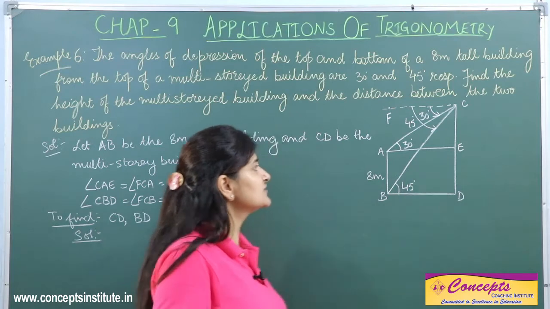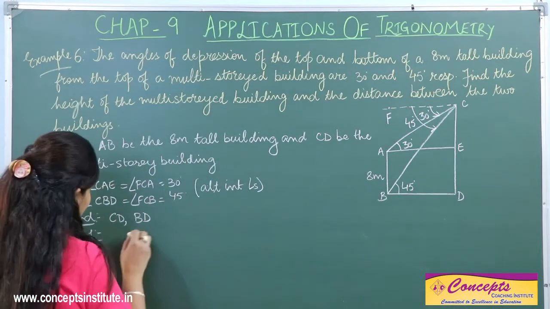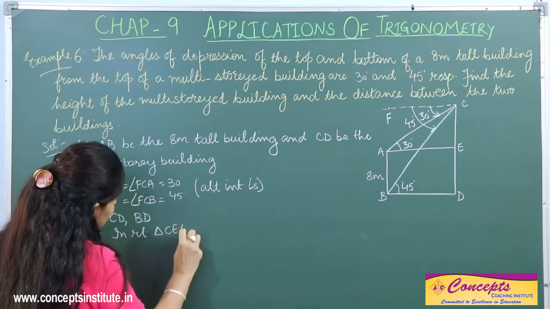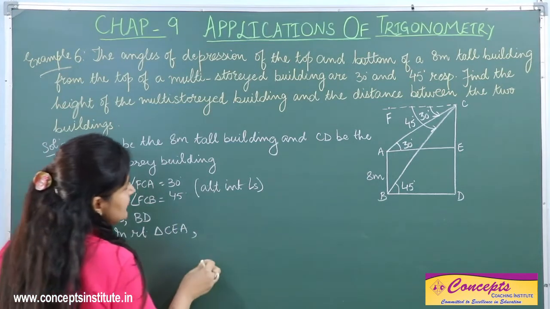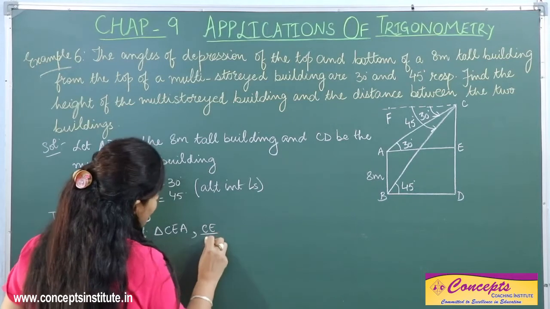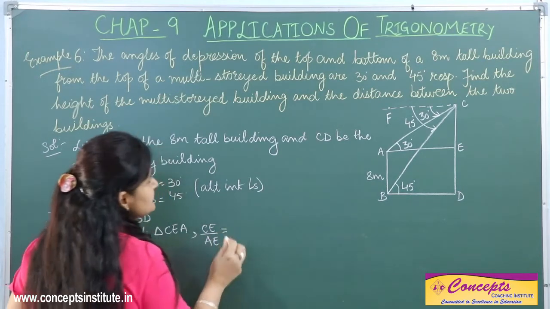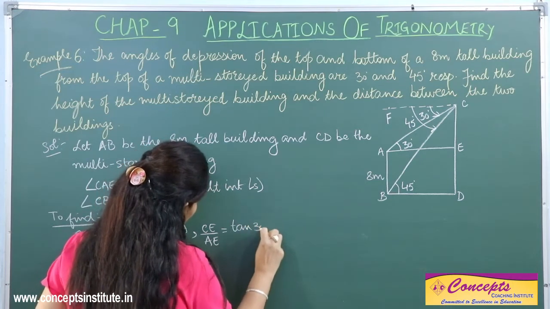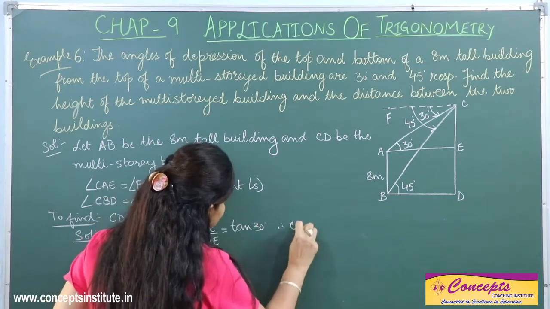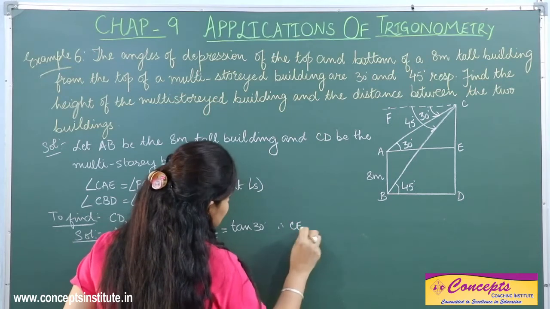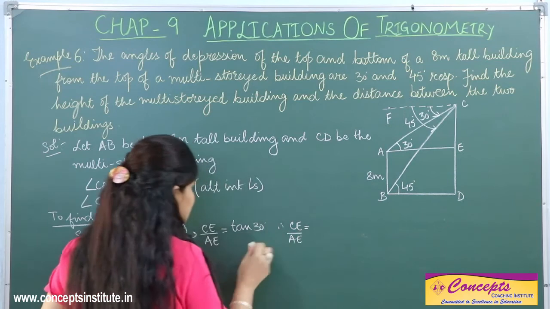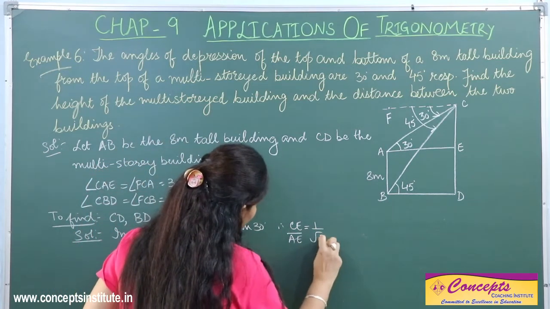So in the right triangle CEA, what do I get? CE upon AE is equal to tan 30, so CE upon AE is equal to 1 upon root 3.